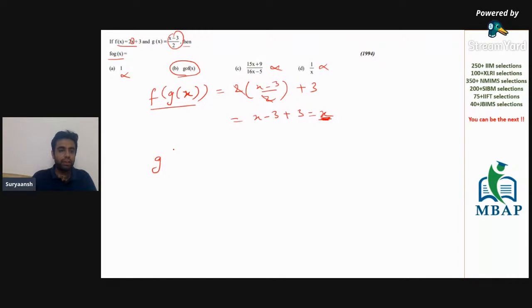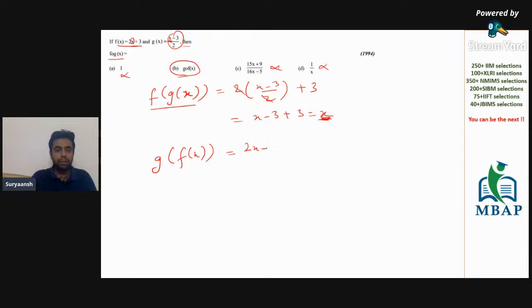So then we try out for g of fx. If we try for g of fx, then x minus 3 by 2 is g of x. So instead of x here, substitute 2x plus 3.